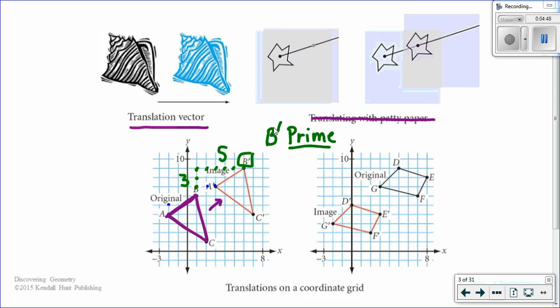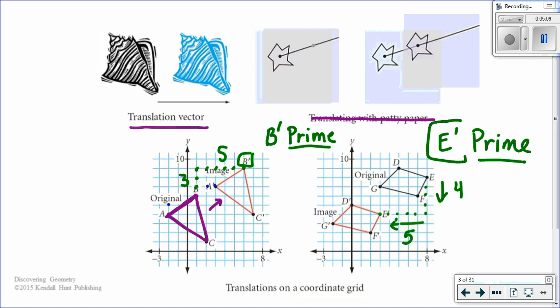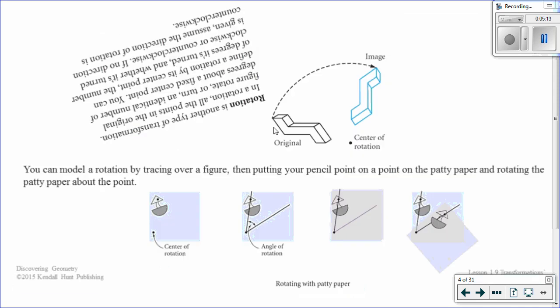So instead, I'm going to go down first because that's what we've been doing. 1, 2, 3, 4. So down 4 and over 1, 2, 3, 4, 5 to the left, 5 to get E prime is what it's called. You don't have to write out prime. When you say this, you say E prime for the image after the original.